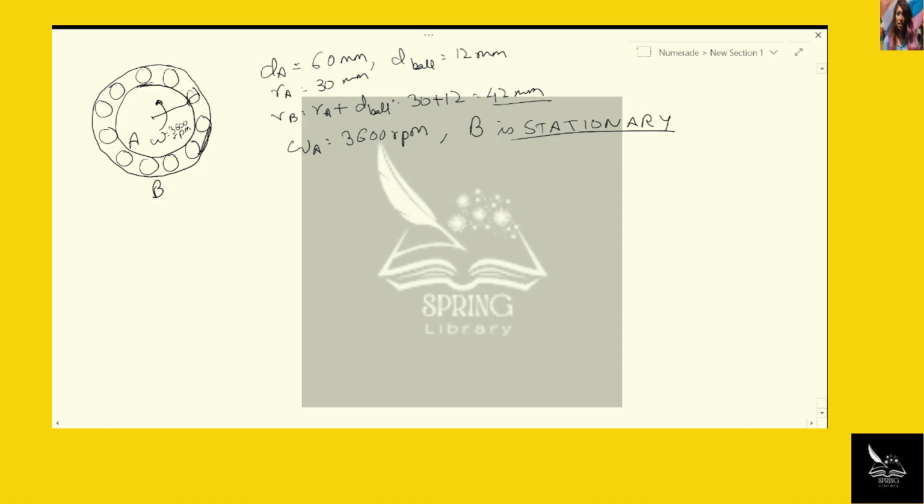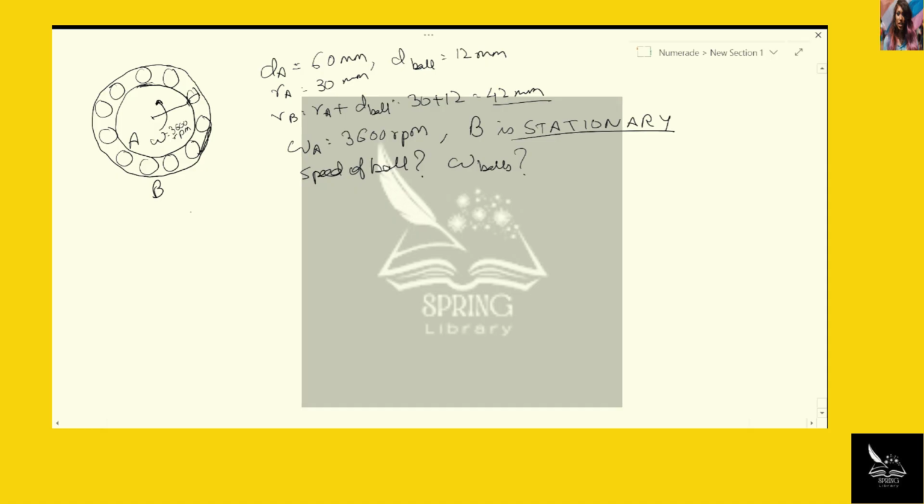Then we are asked what is the velocity, or speed, of the center of each ball, because the direction will be different based on where the ball is. So the speed of the ball is unknown, and we also need to determine omega of the balls.